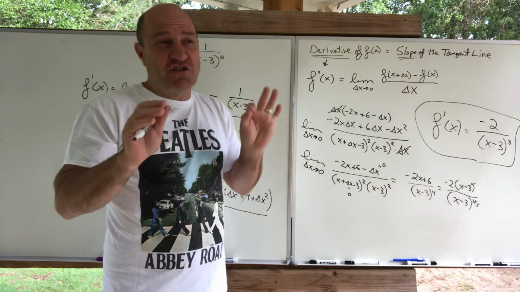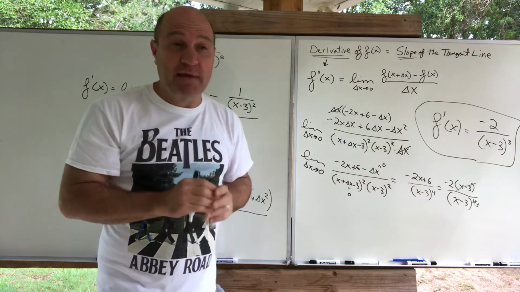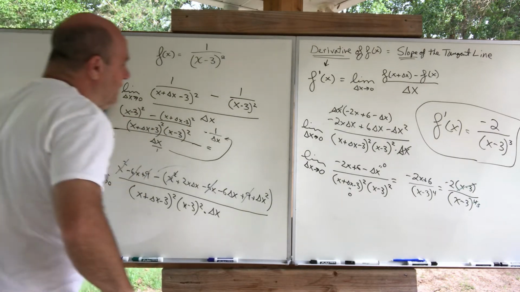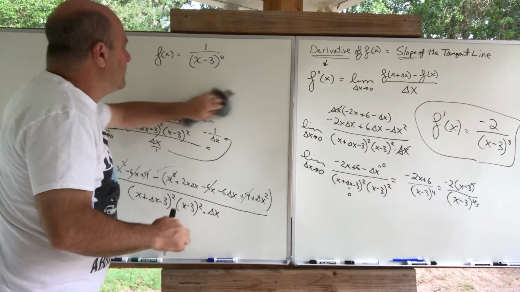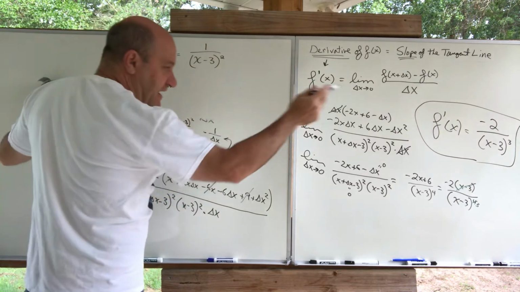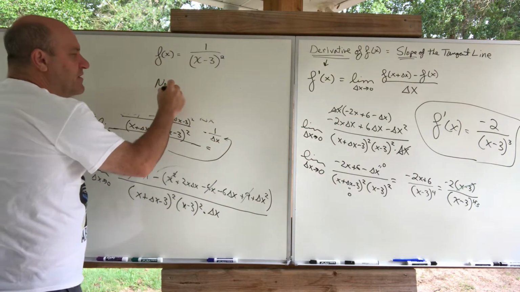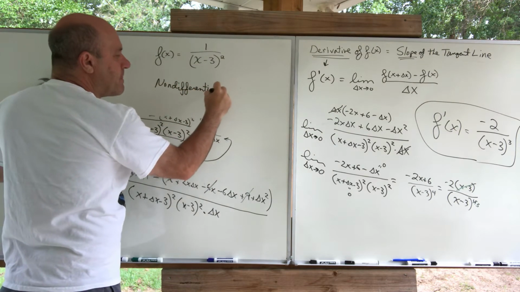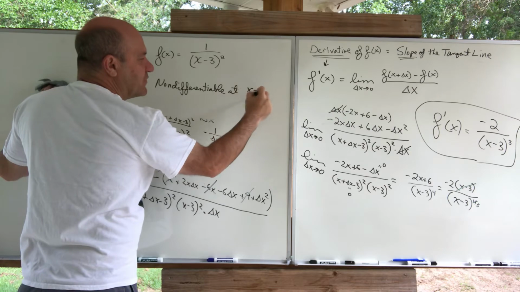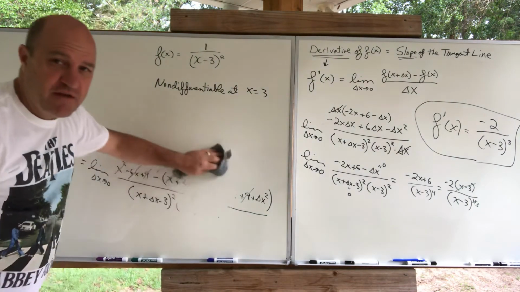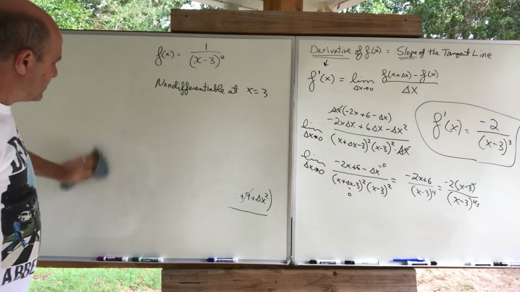You say the function, not the derivative, is non-differentiable at x equals 3, based on the derivative being undefined. Again, it was kind of an obvious one. I want to talk more about non-differentiability. There are some that aren't so obvious.